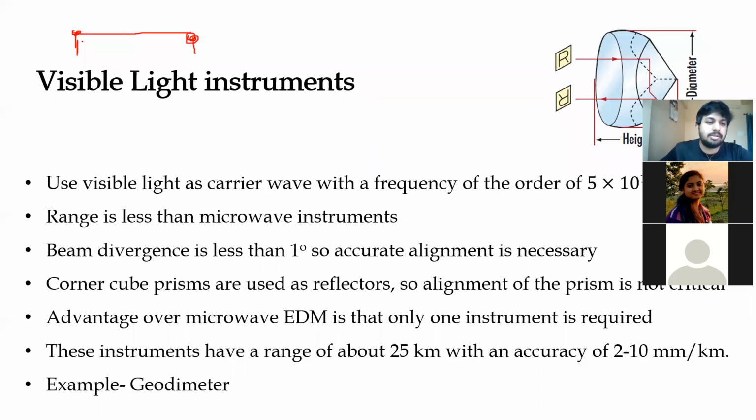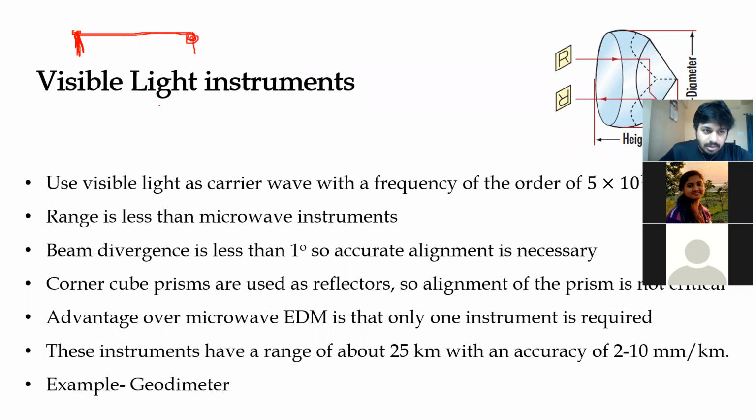That electromagnetic wave is sent by the active instrument and received by the passive instrument, and the passive instrument again generates and sends back the signal with the same frequency or whatever amplitude it was earlier sent.